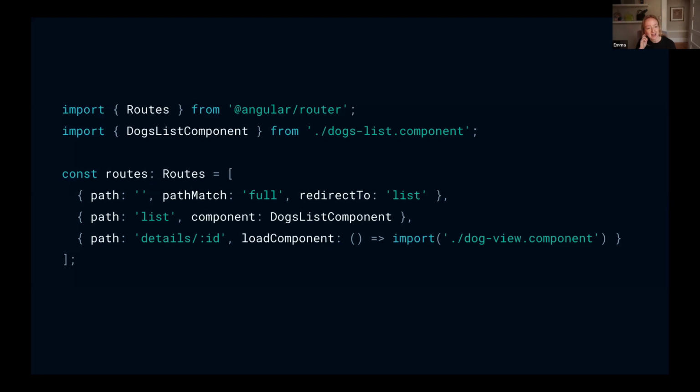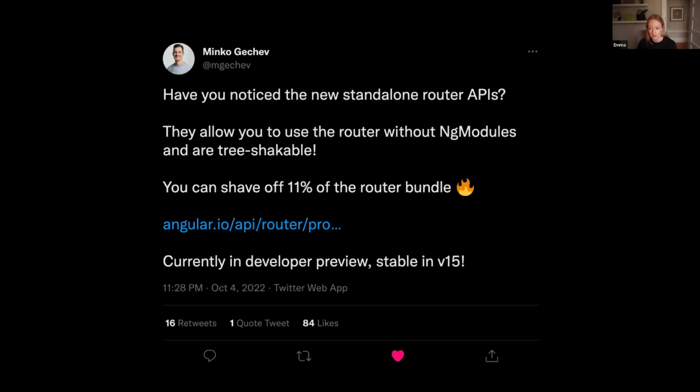But this was a change that really more holistically simplified not only the Angular code base, but also hopefully the code bases of everybody building with Angular. And we saw that it shaved off about 11% of the router bundle in moving to standalone. So some pretty major simplification, and simplification doesn't necessarily mean performance, but in this case it did, and that's really great.